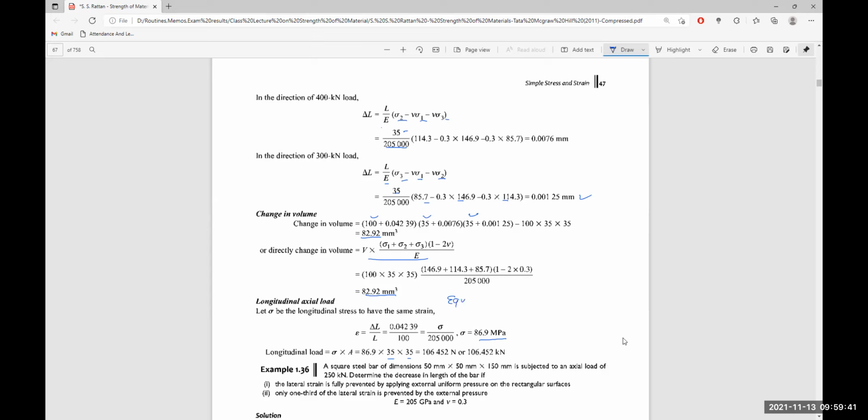This is what we calculated here: the equivalent stress and load equivalent to the longitudinal strain of 0.04239.